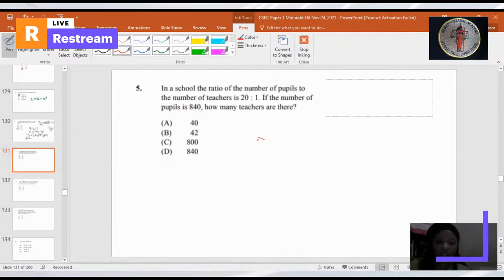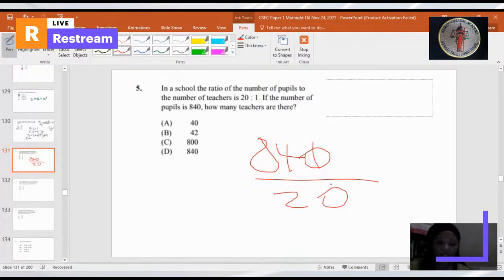We just need to divide the 840 by 20, and that's going to give us 42. So the ratio of 20 to 1, 840 divided by 20, that's 42. And the answer is B.